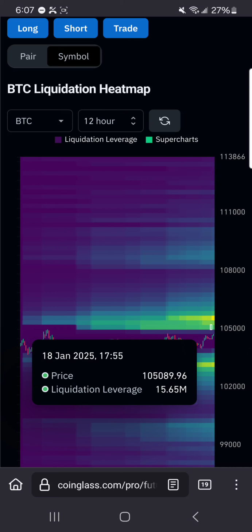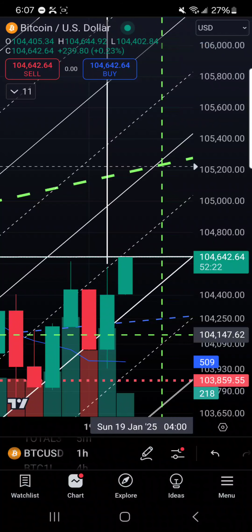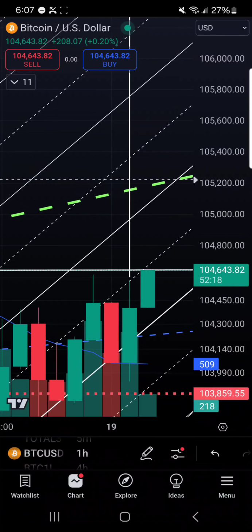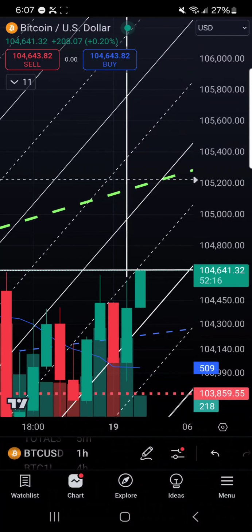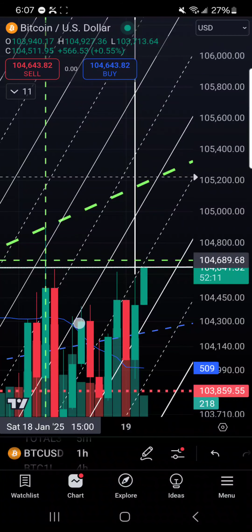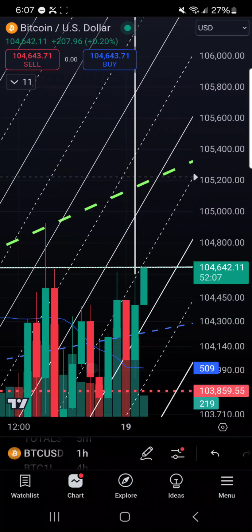So there we are, just hanging out there. Come on, break through, bust a move. You're dollars away. Oh, of course we did bust a move right here. We did wick through right here earlier and came back down.